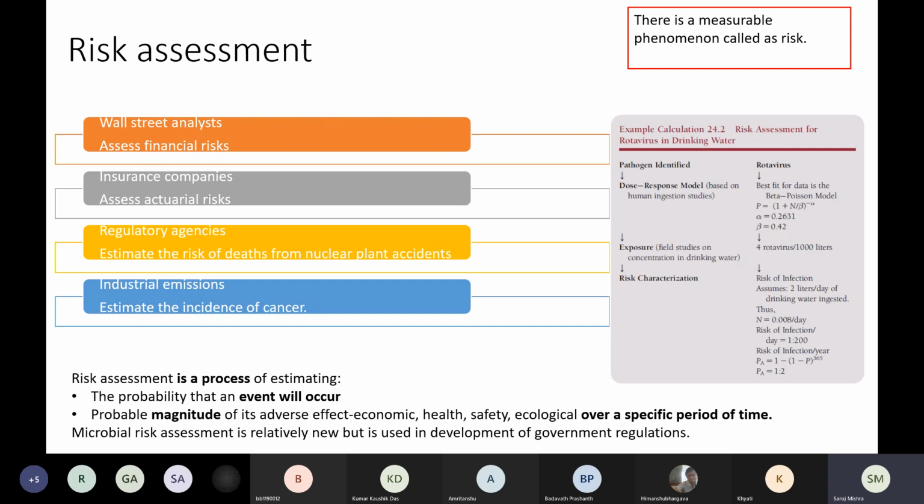Okay, based on so many other parameters which are taken into account. But then what you are doing there, the Wall Street analysts are also making a risk assessment, a quantitative risk assessment. Similarly, the insurance companies are all the time making a risk assessment.